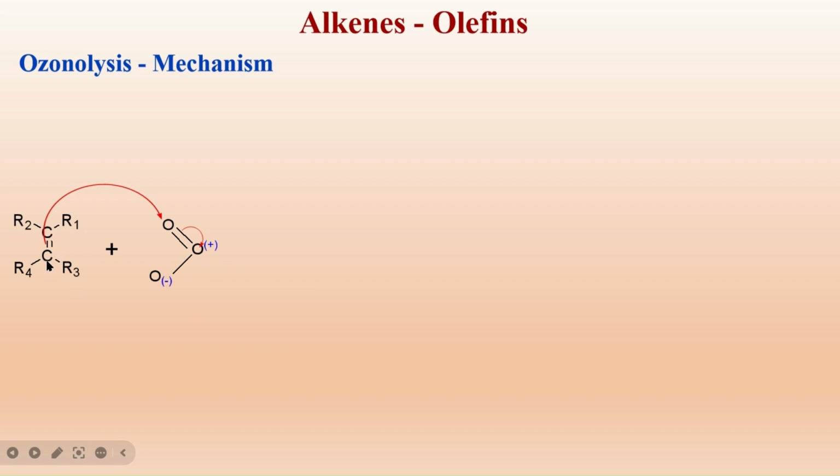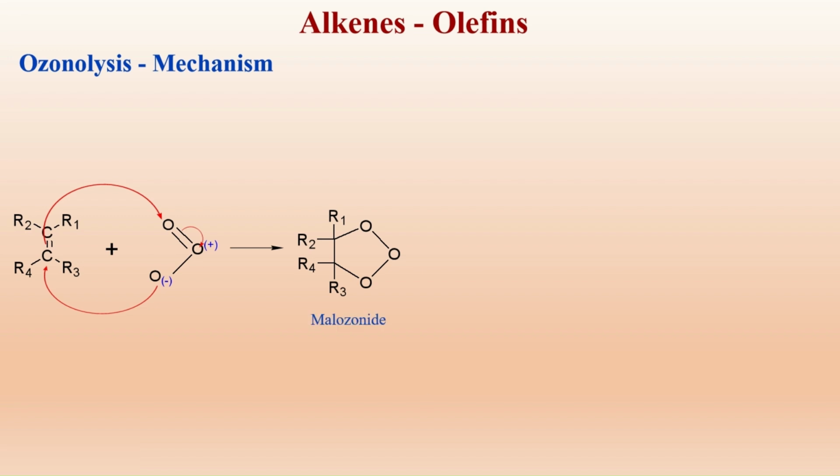This electron deficient carbon meets the electron rich oxygen, and bonding occurs between this oxygen and the carbon by sharing of electrons. What I get is the addition of the ozone molecule across the carbon-carbon double bond, where it loses its double bond character. This molecule which is formed is named as molozonide.